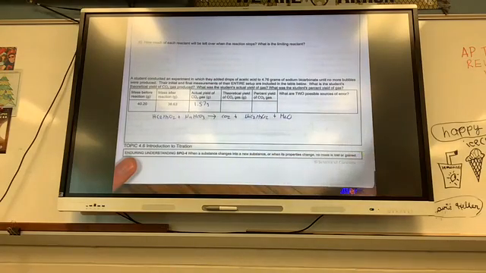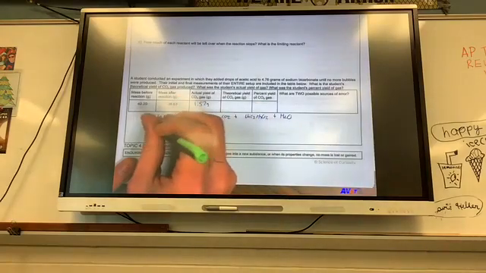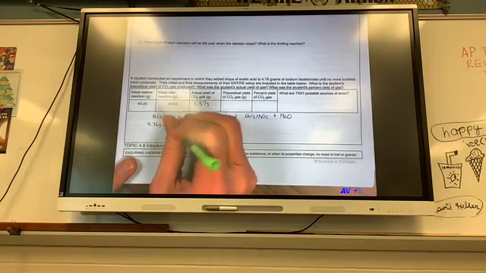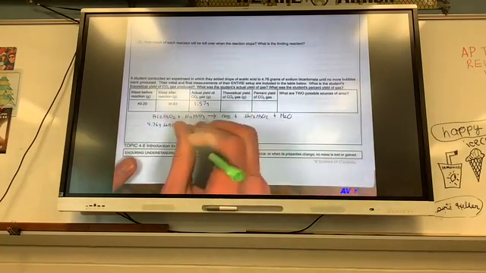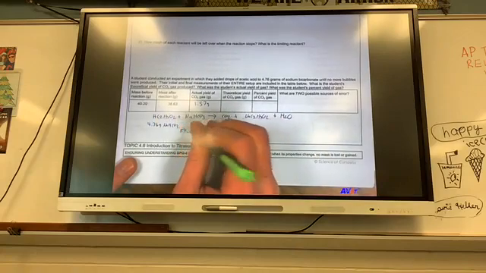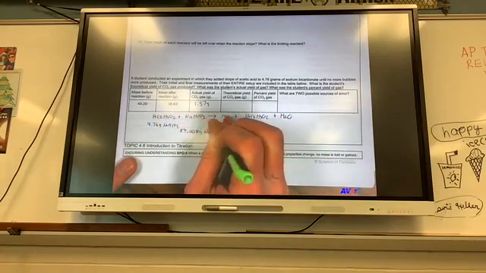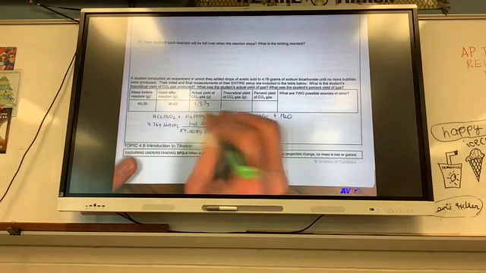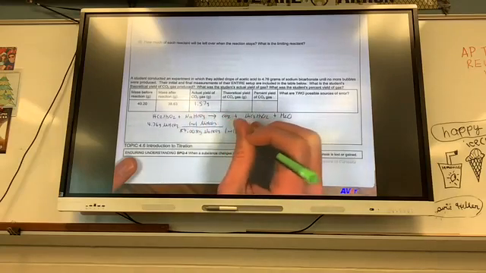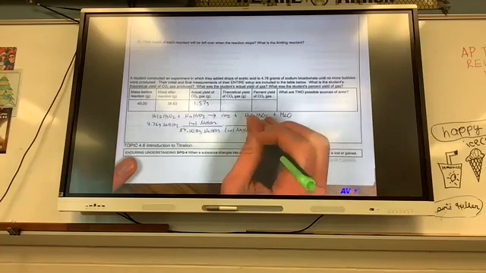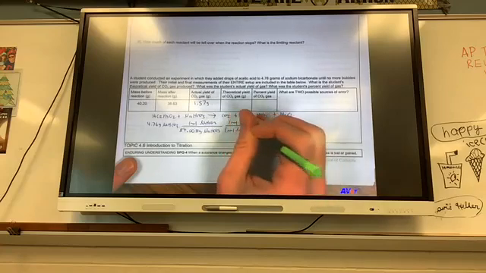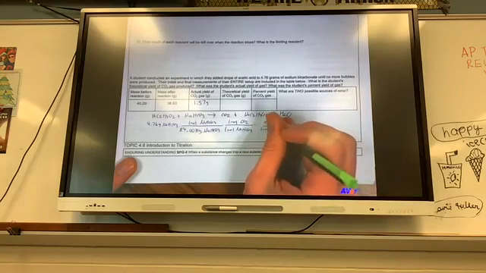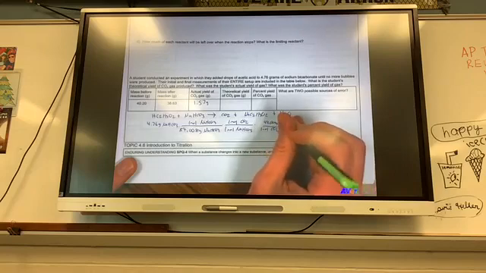So theoretical, in theory, I'm going to start out with 4.76 grams of NaHCO3 times the molar mass of that, which is 84.008 grams of NaHCO3 for every 1 mole of NaHCO3. Stoic step: every 1 mole of NaHCO3 gives me 1 mole of CO2, and 1 mole of CO2 is still 44.009 grams of CO2.